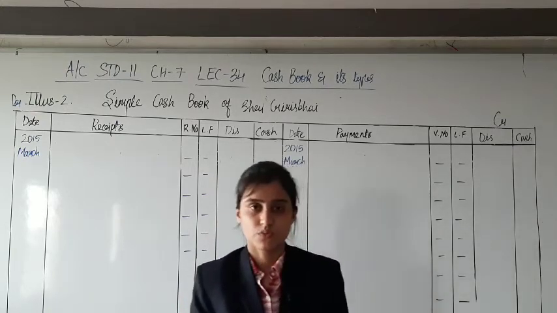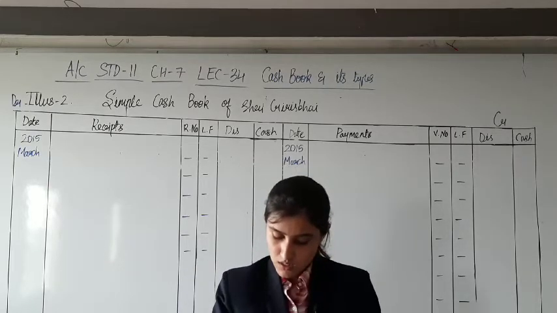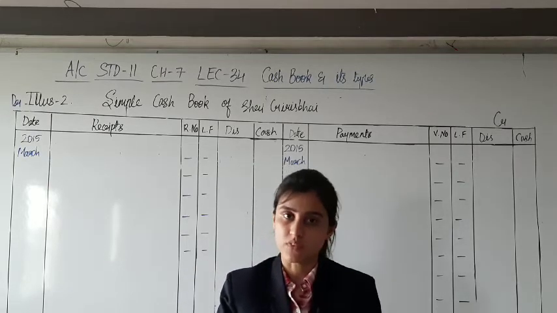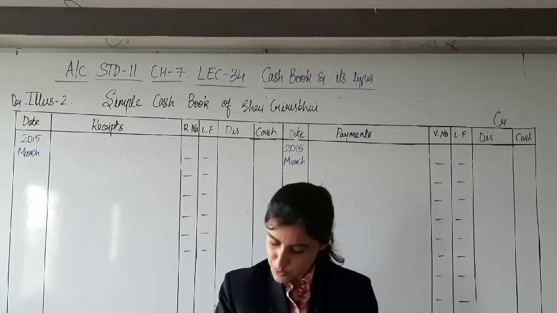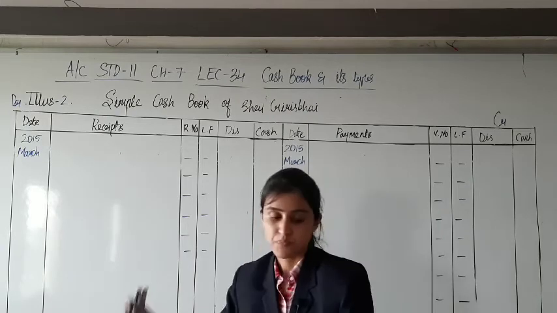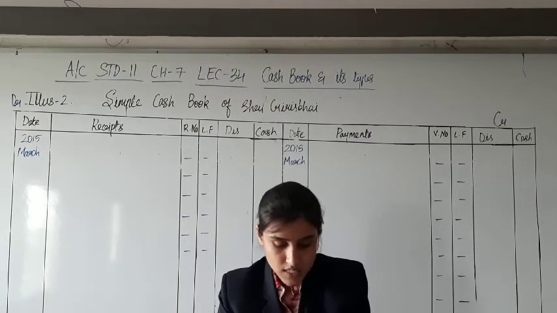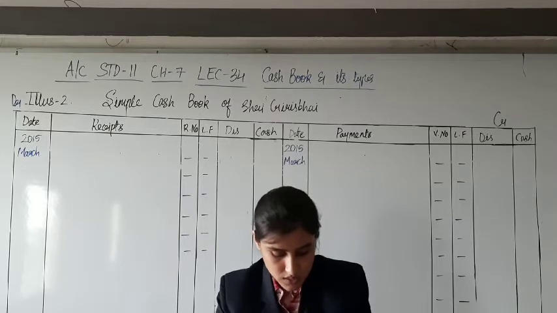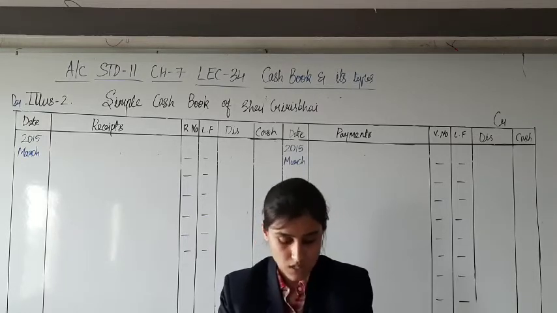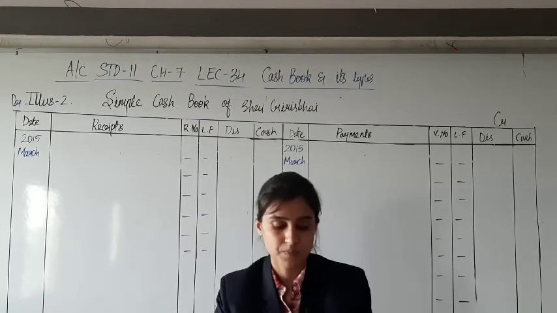Yes, the way we do in each and every sum. The name of the owner we have written, the cash book of Shri Girish Bhai. The format is modified, of course. Yes, you can cross check the format in your textbook. Yeah, the solution to this illustration is given on page number 162.